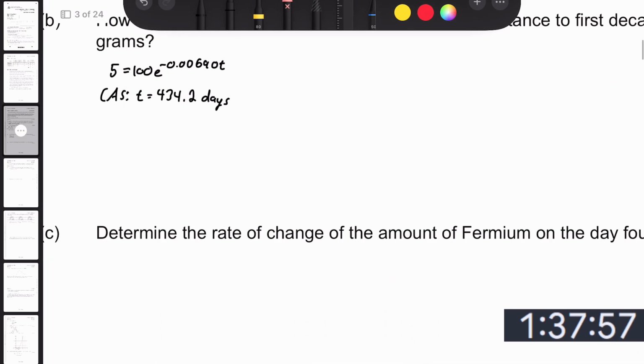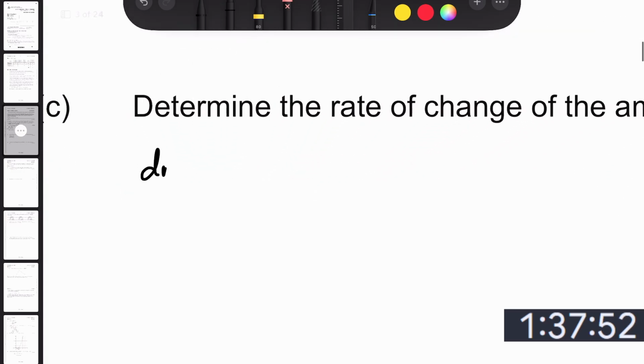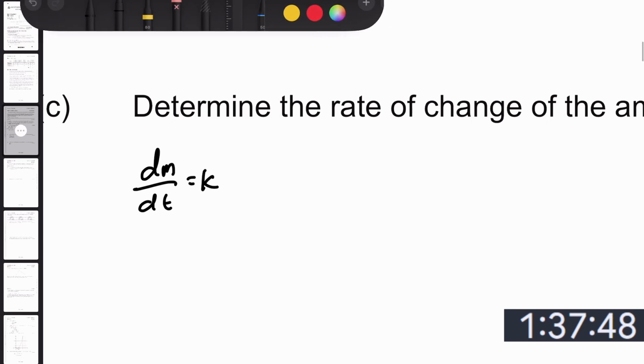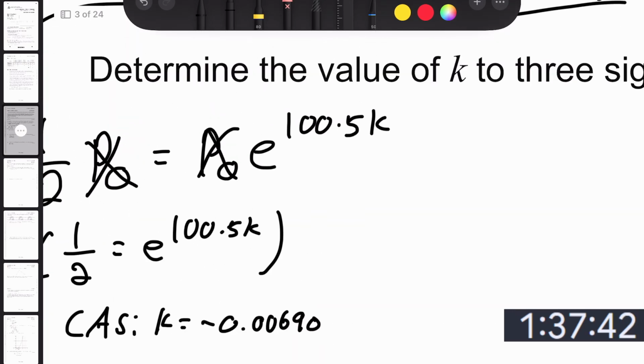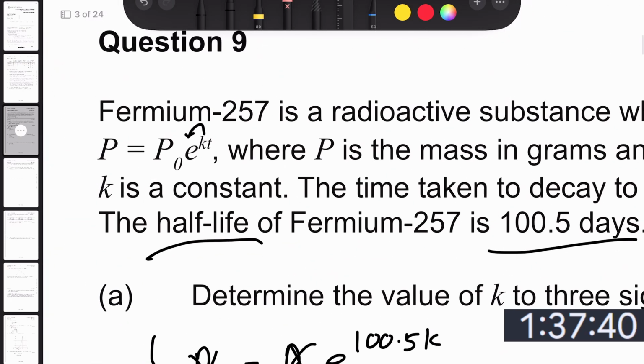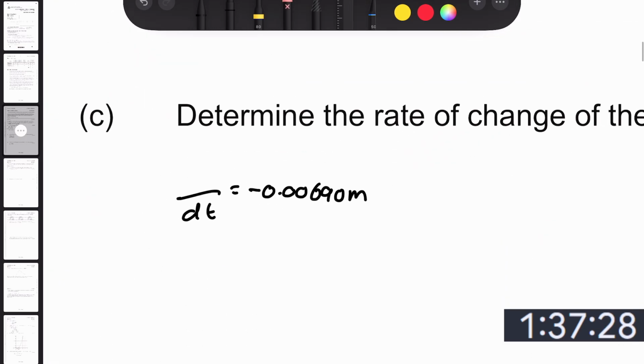Okay. Determine the rate of change of the amount of Fermi on the day found in part B. So I know that dP/dt is just going to be equal to k, which is negative 0.0069 P. That's because when I differentiate P with respect to t, that k is just going to come out to the front, and then I'm going to have P. Actually, they call it P, so I'm going to write big letter P here instead of m.